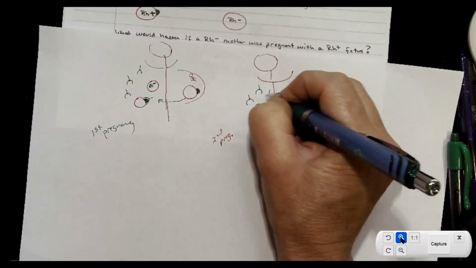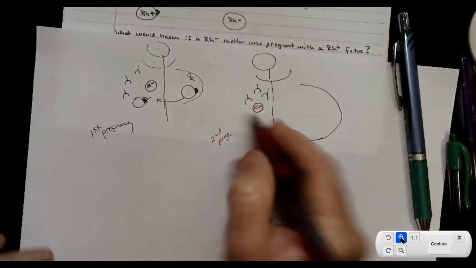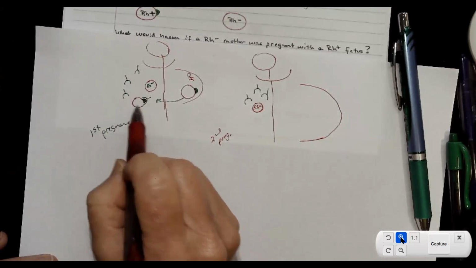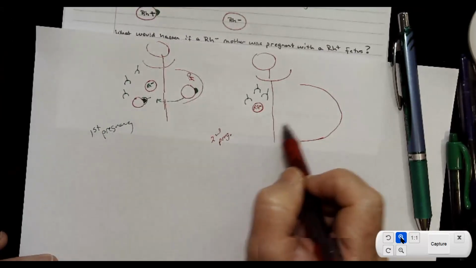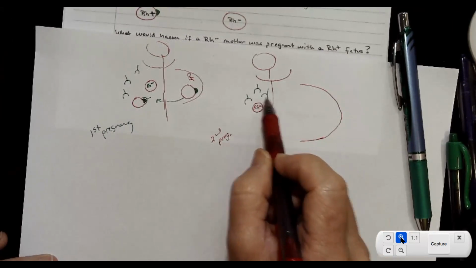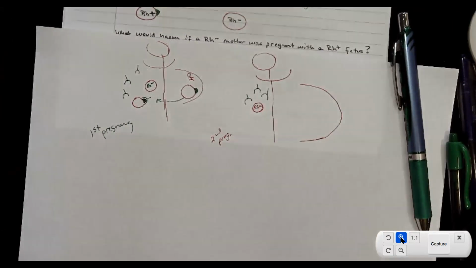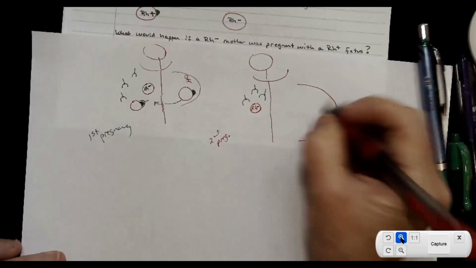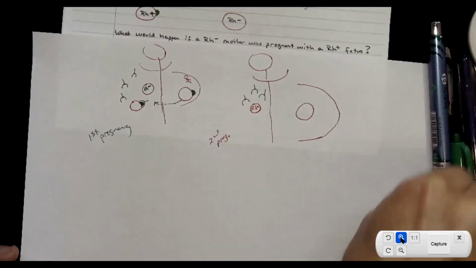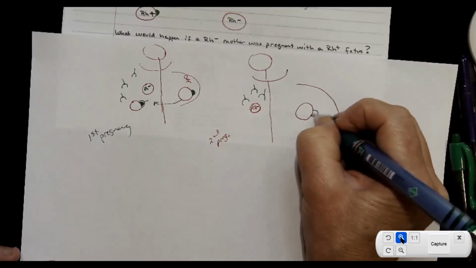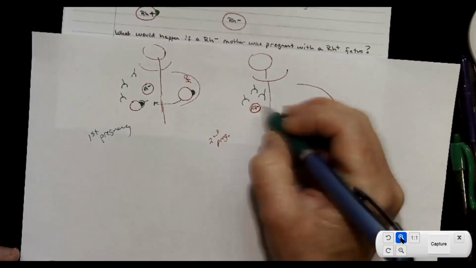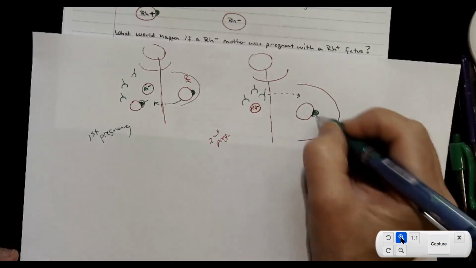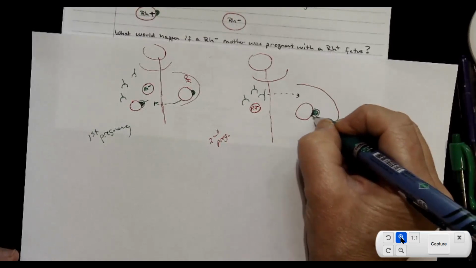Why? Because when the baby's blood came over during delivery, her immune system made antibodies against it. So if these antibodies happen to get in with the fetus, and this fetus, once again, is Rh positive, and these antibodies travel over here, if they slip through, then they're going to attach.